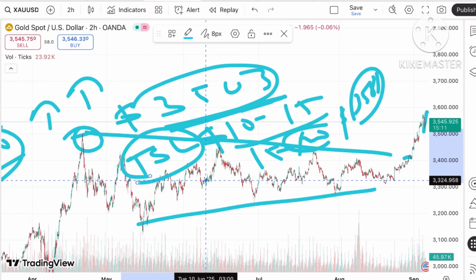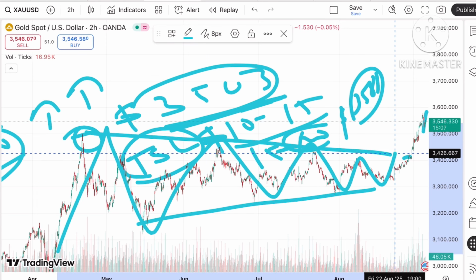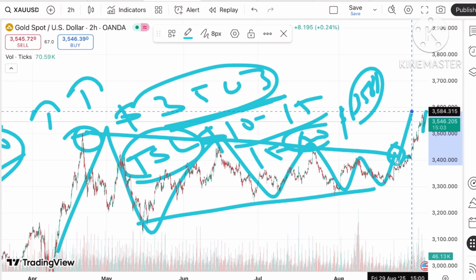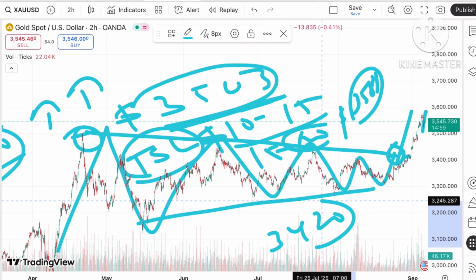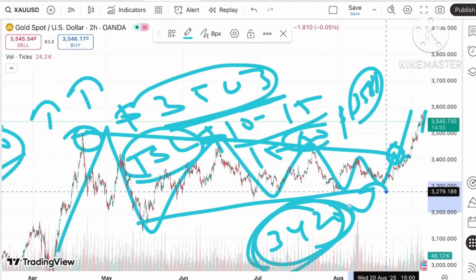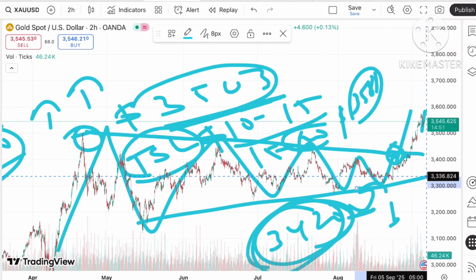If you look at this particular trend, this is the narrow pattern which has been formed, and the price at this level has moved upside. Now if the price starts coming again towards 3420 and sustains below this level, it can bounce back from this level, but if it starts falling below this level, it can move again in this particular pattern.